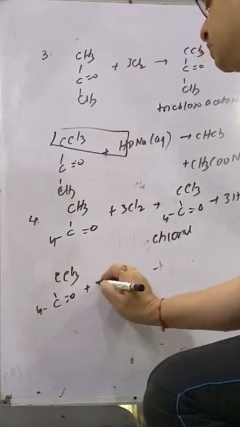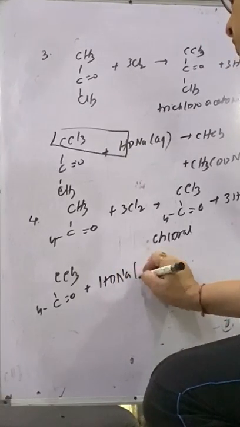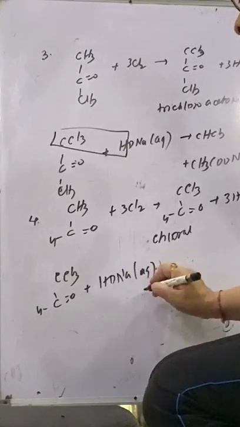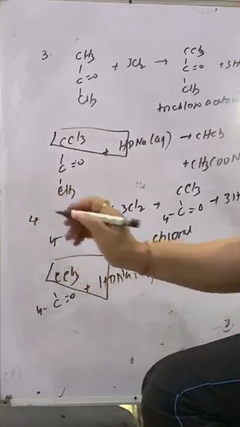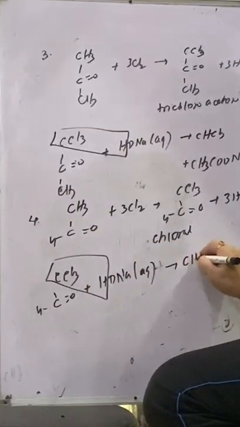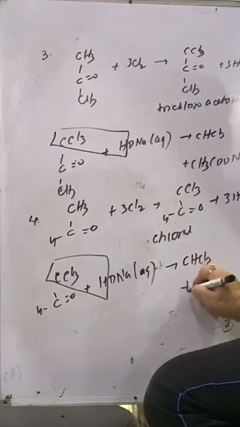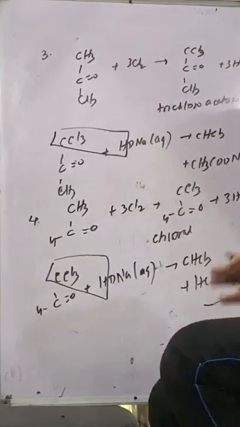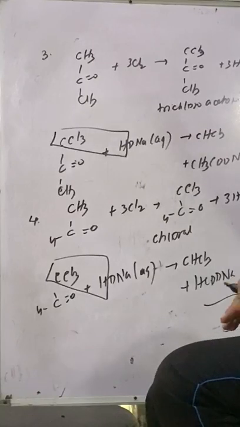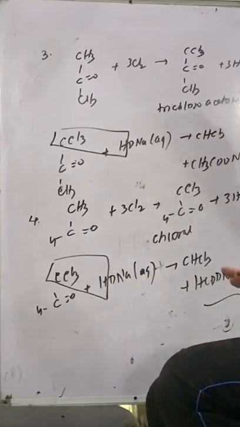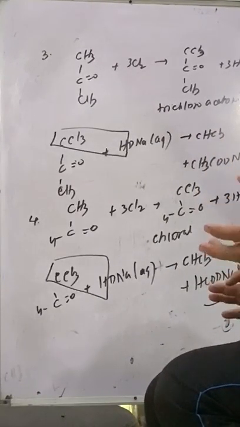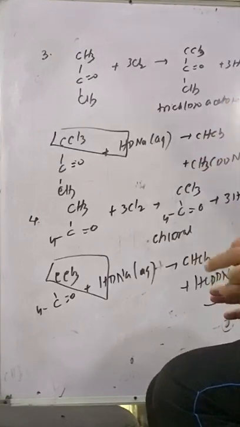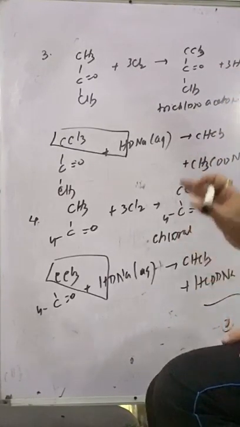CCl3CHO is then treated with aqueous NaOH. So CHCl3 will be out, and simultaneously HCOONa is obtained. This is the fourth method of preparation. Instead of bleaching powder, calcium hypochlorite, we are putting NaOH here.